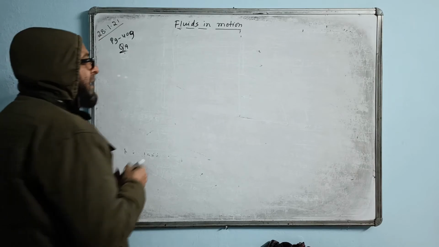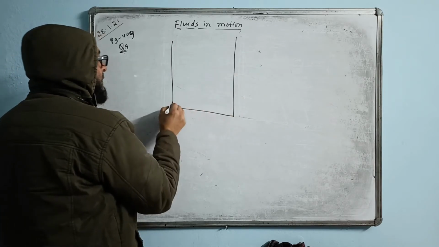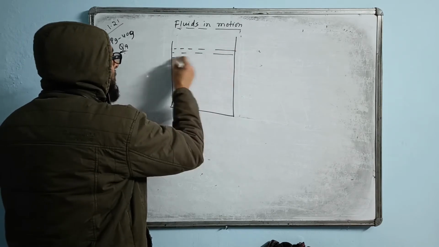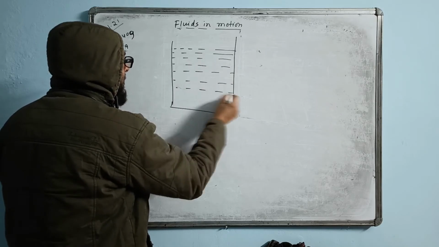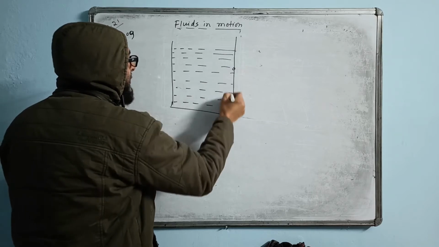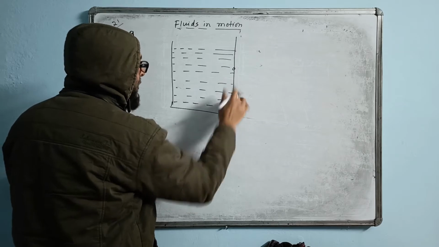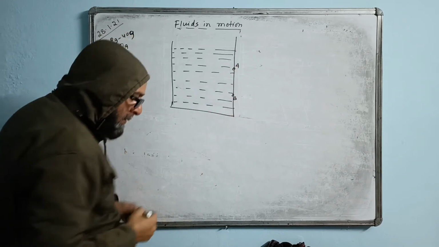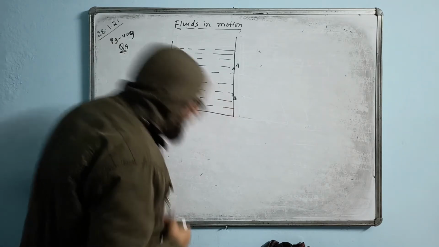Okay. The diagram is not given, so we draw it ourselves. There is a tank, maybe with water in it. There are two holes, A and B. The B hole is closer to the ground because h2 is smaller; this is A, this is B. The orifices are at heights h1 and h2 measured from the floor.